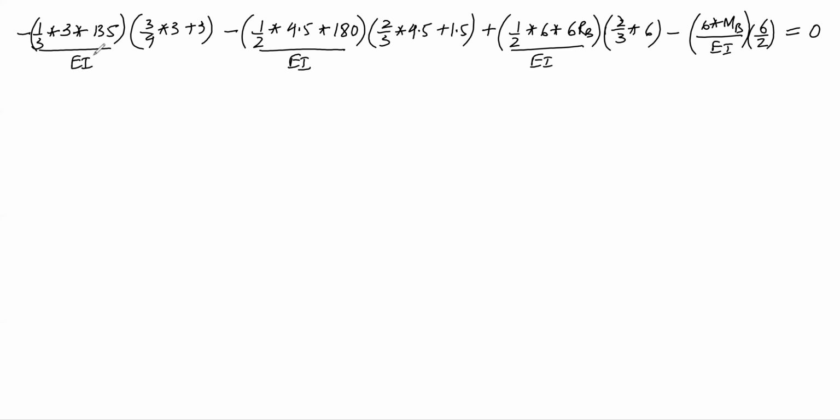Now we can take EI as a common factor and send it to the right hand side, which gets cancelled with 0.